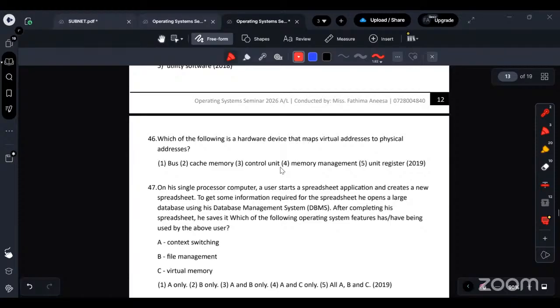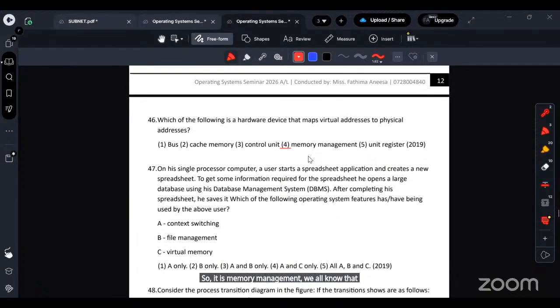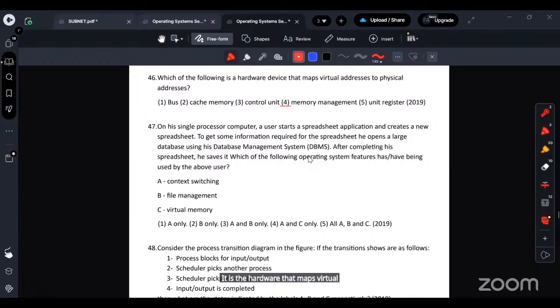So it is memory management. We all know that. It is the hardware that maps virtual address to physical address.